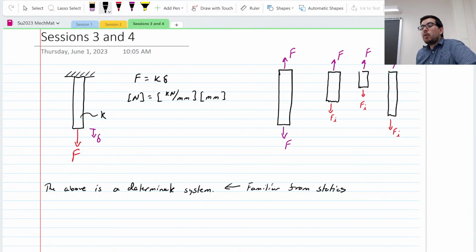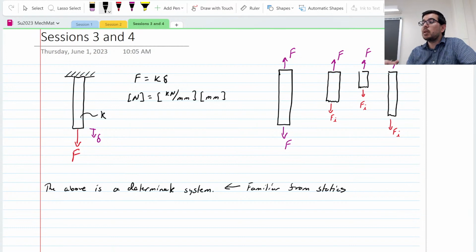What we will also introduce today is this idea of indeterminate systems, okay? A determinate system essentially says the number of unknowns that you have, like if you're looking at forces or moments, is equal to the number of equations that you have.